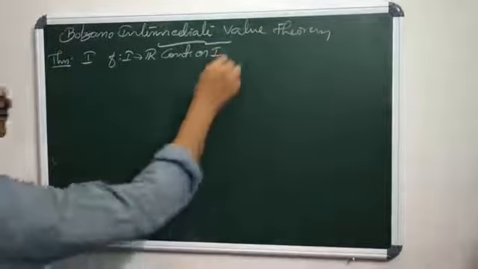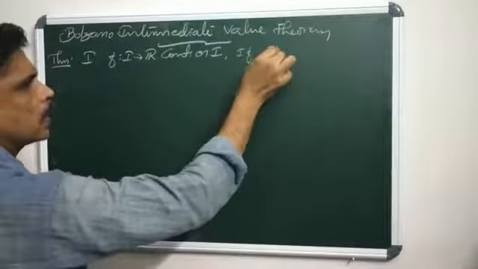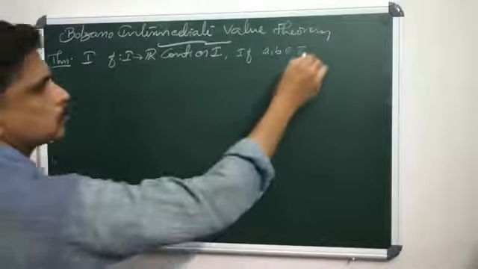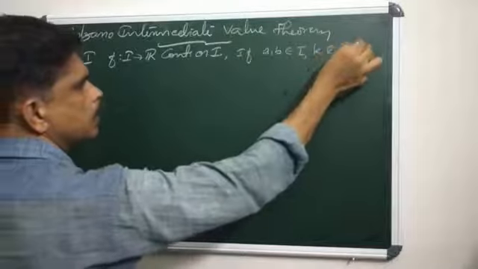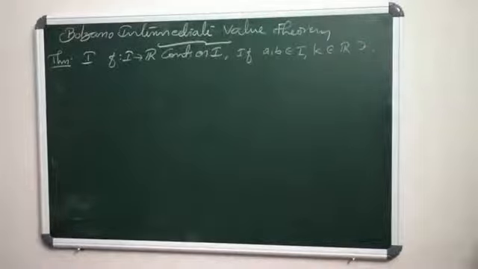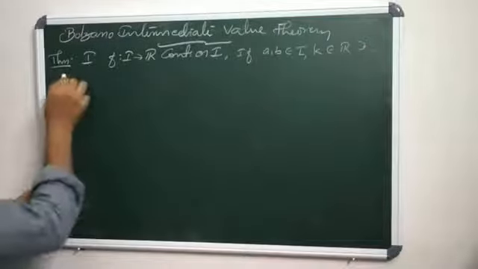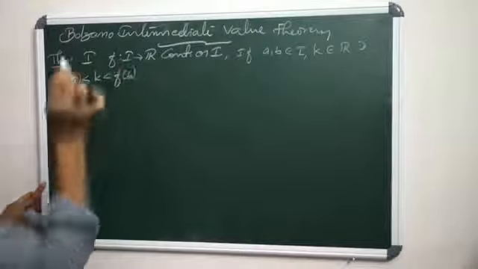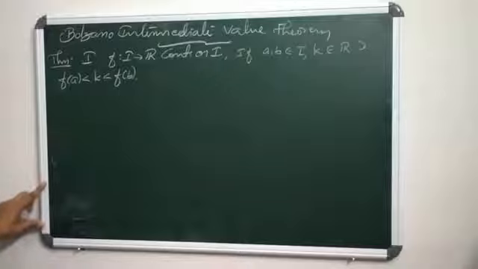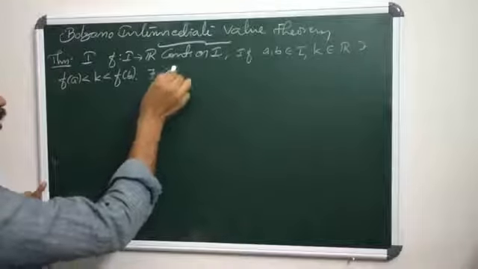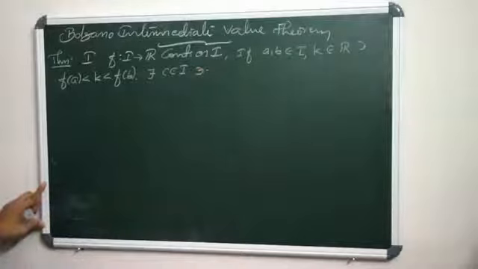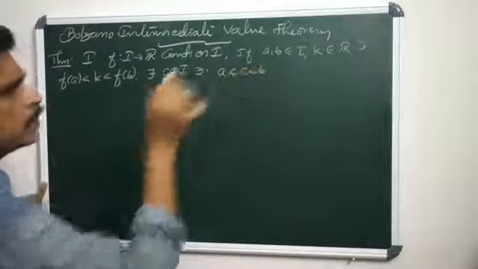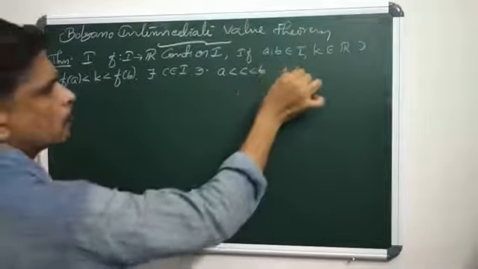If a and b fall in I, and k is any real number such that f(a) is less than k less than f(b), then there exists c in I such that a is less than c less than b, meaning c lies in between a and b, with f(c) equals k.